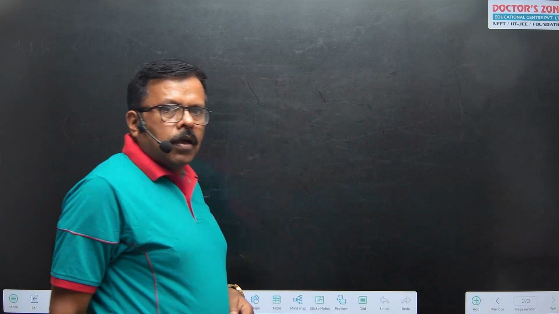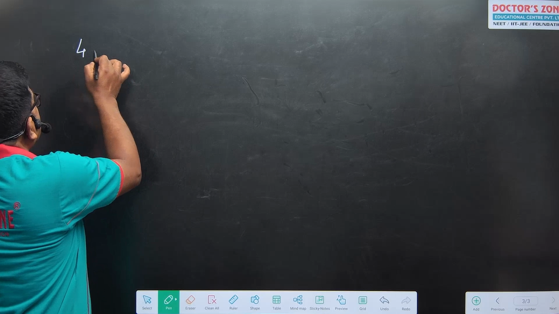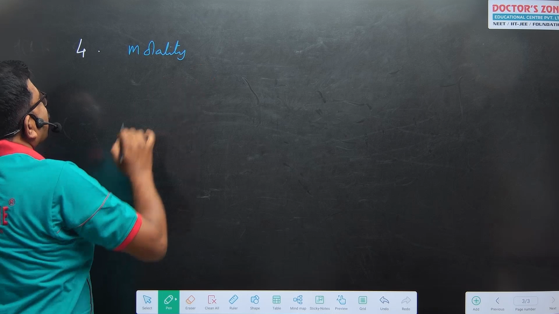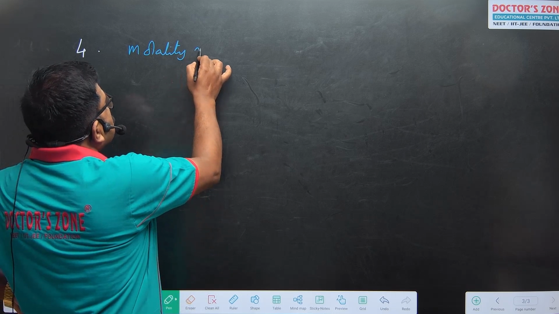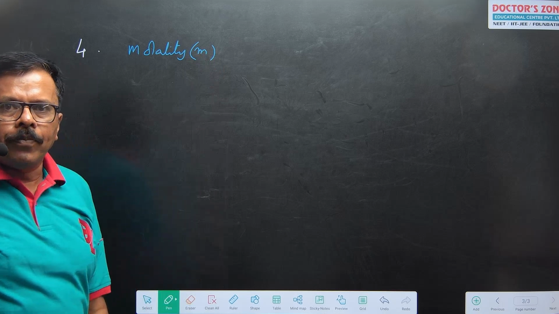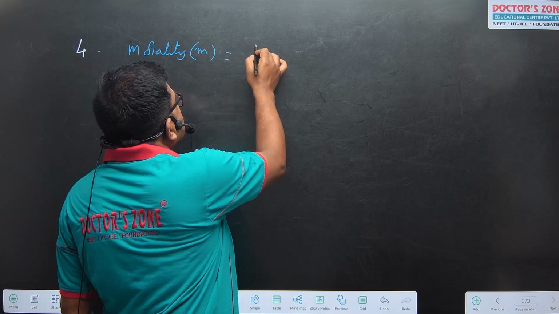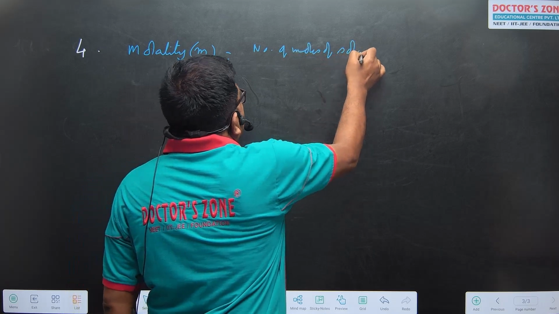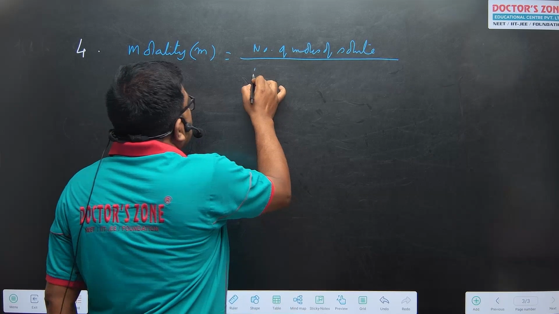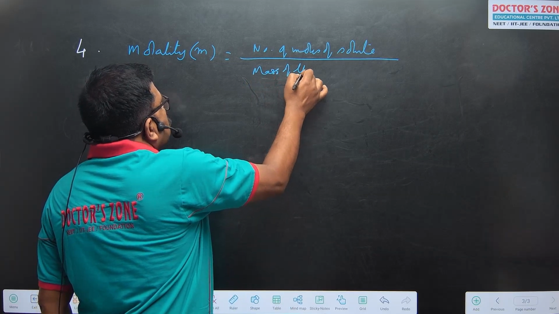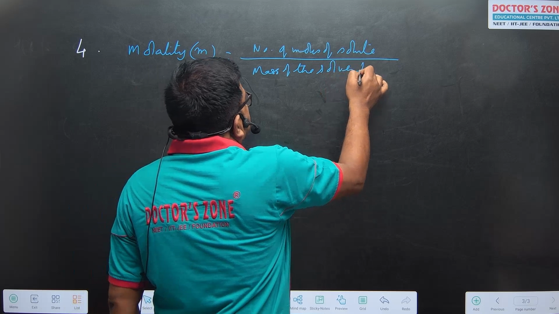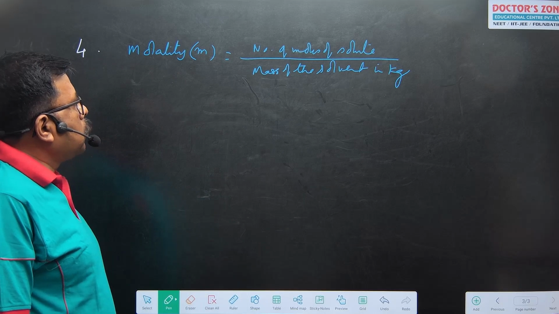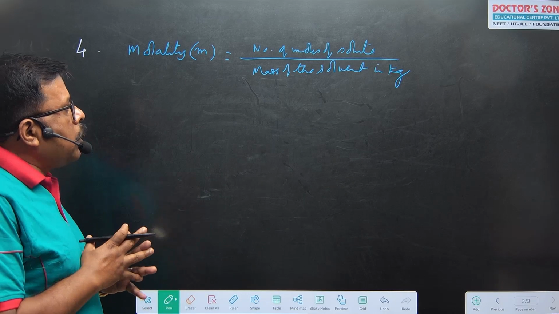Next we have, say, another very important, that is molality. Molality, which is small m. तो इसका डेफिनेशन क्या होता है? इसका डेफिनेशन है नंबर ऑफ मोल्स ऑफ सॉल्यूट डिवाइड बाय mass of the solvent in kg. So you have to be very careful.